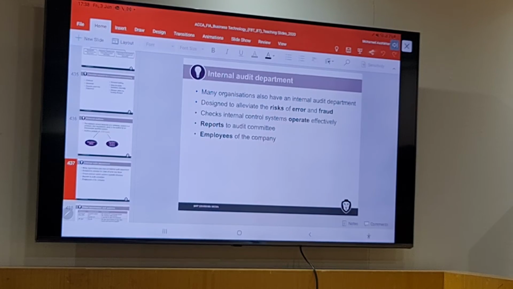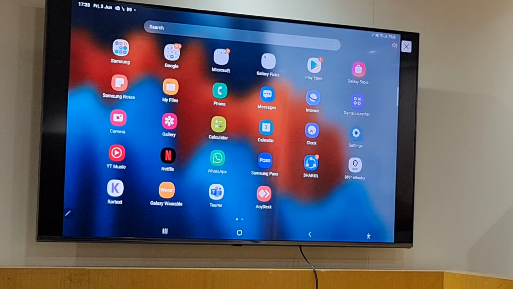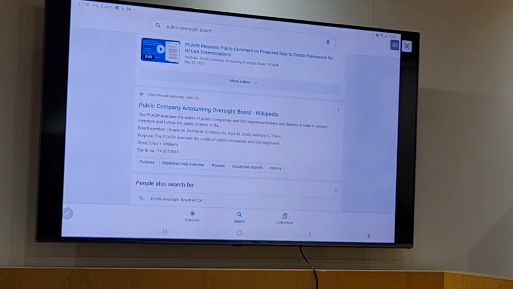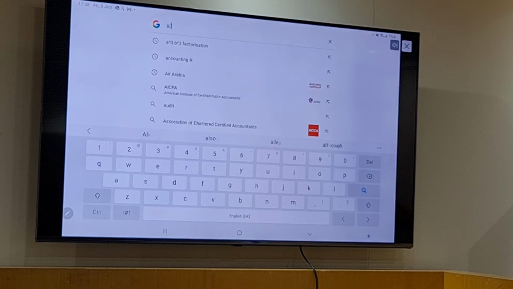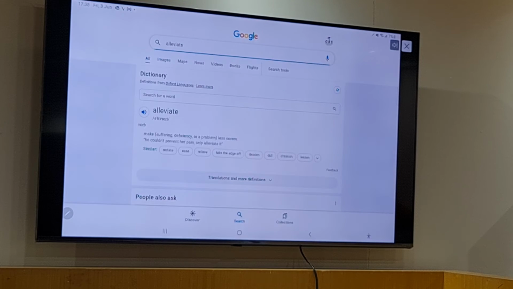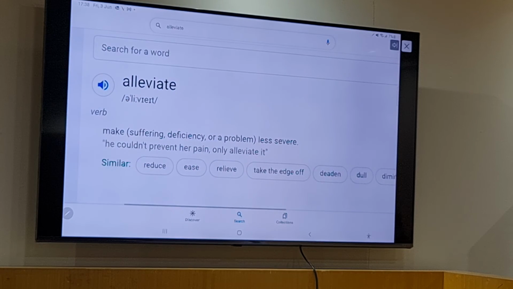Alleviate, escalate, almost the same meaning. You heard that story? He couldn't prevent her pain, only alleviate it.